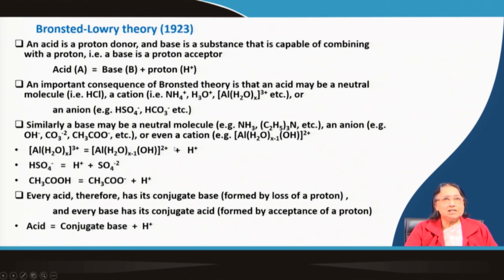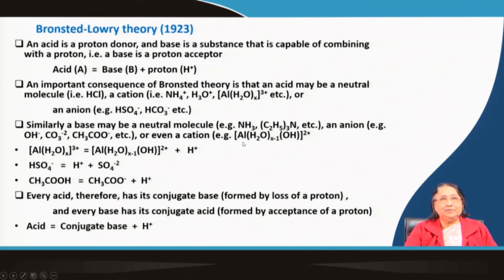Now, similarly, in case of a base, say for example, the neutral molecule NH3, it can take up a proton to form ammonium ion, so it is a base. An anion, say for example, OH minus, can take up a proton to form the water molecule, so it is a base.